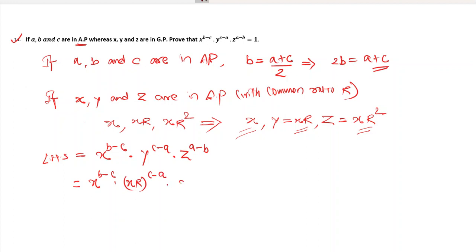What is z? X into r square, the whole raised to a minus b. So x raised to b minus c into x raised to c minus a into r raised to c minus a into x raised to a minus b into r raised to 2 bracket a minus b.